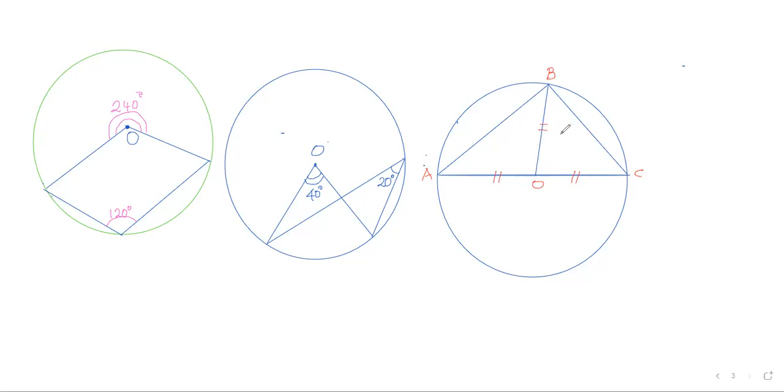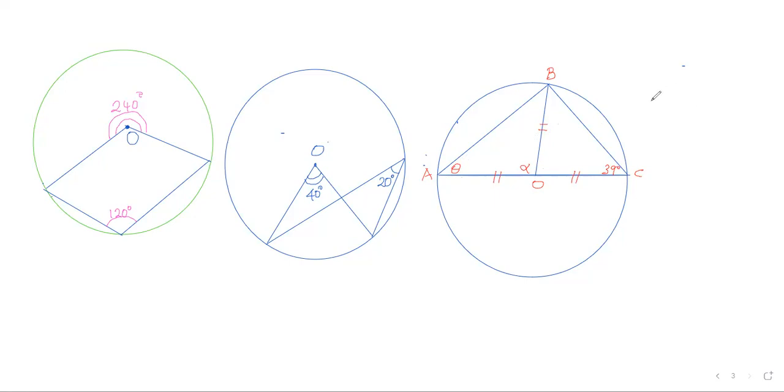Now, we are given that the magnitude of this angle is 39 degrees. And we are required to find theta here and alpha there.